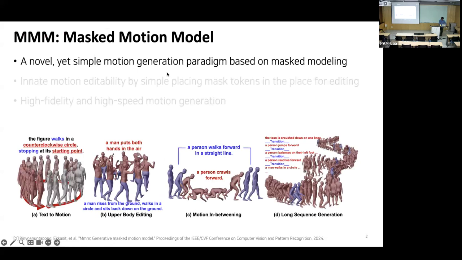So, in this paper, it proposed a novel but simple motion generation paradigm, which not only generates motion from text, but also has capabilities of editing motions, such as upper body editing, motion in-betweening, and long sequence generation.